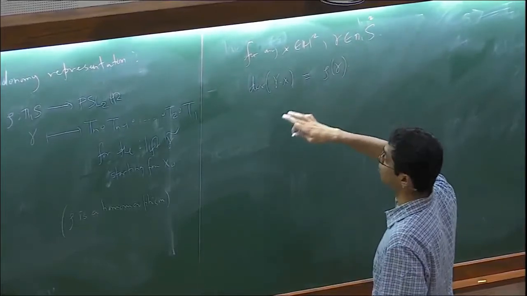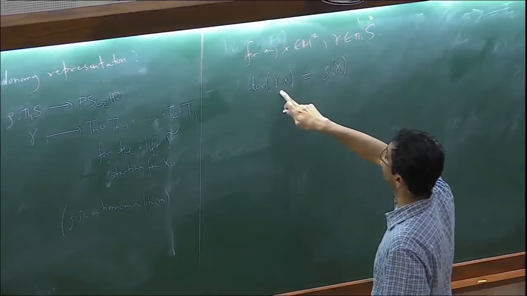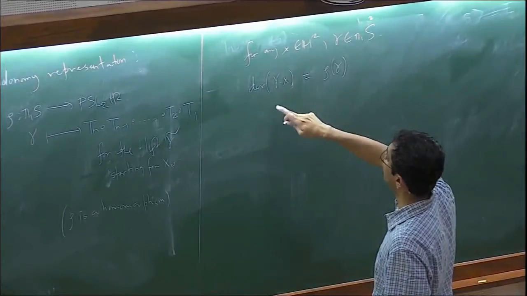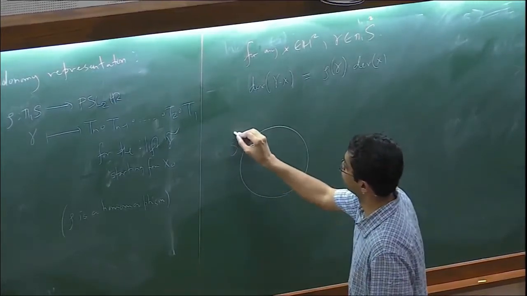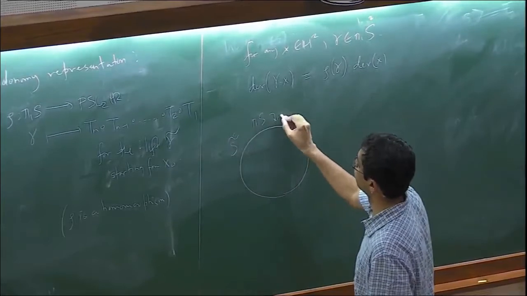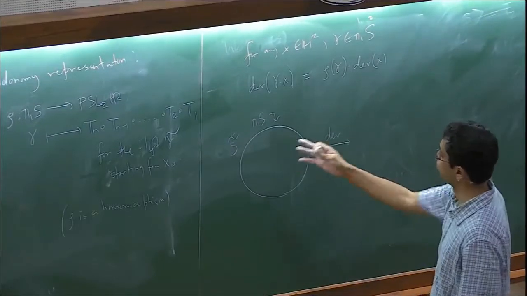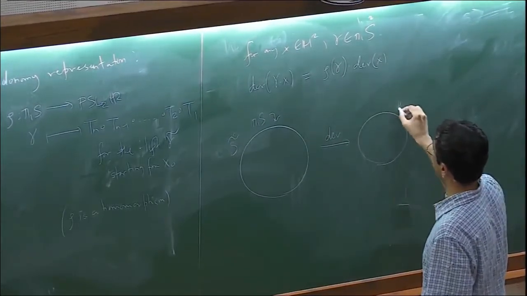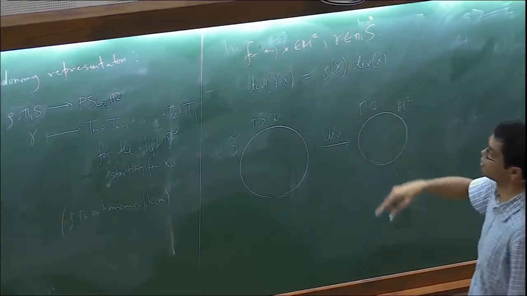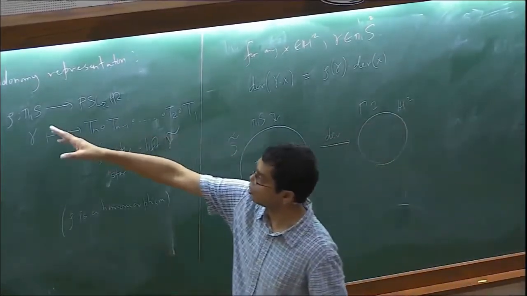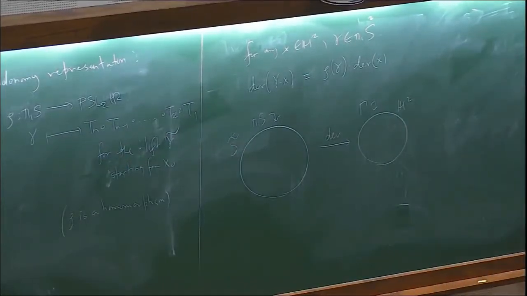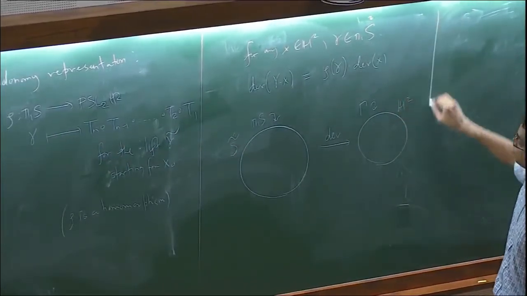The developing map is equivariant with respect to this pi 1 of S action on the universal cover and this action by the image of the representation, the group Gamma. So here's the universal cover. You know that the fundamental group of the surface acts on the universal cover. The developing map transports this action to an action on H2, but the Gamma is, as usual, the image of this representation. So you have this kind of equivariance as well.